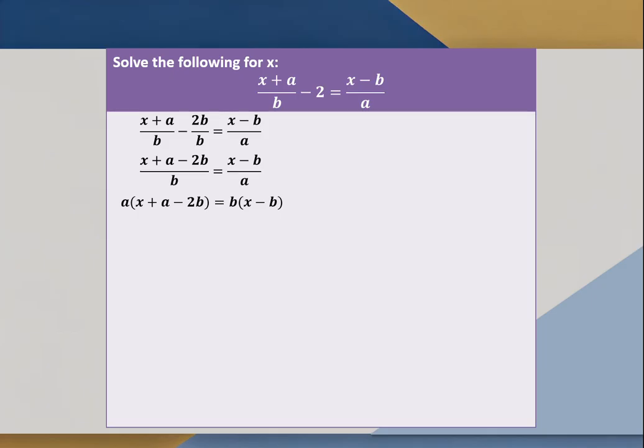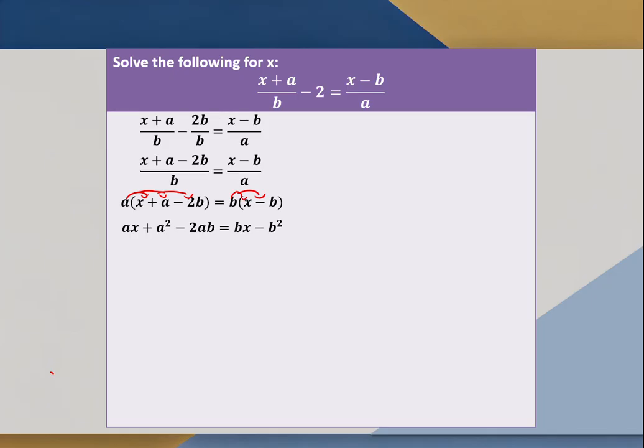Before we can do anything more, we need to expand. So that means a is being times by everything inside my brackets, and b is being times by everything inside. So now I've got ax plus a squared minus 2ab is equal to bx minus b squared. The next step I need to do is I would like to get all my x's onto one side, and I would like to get everything else onto my right-hand side.